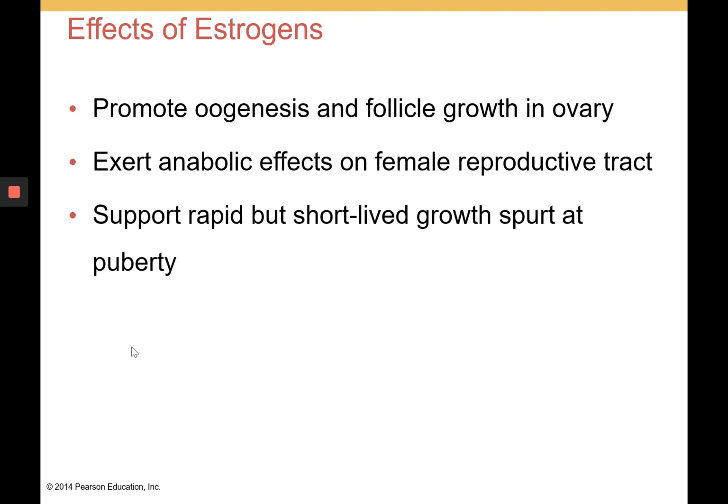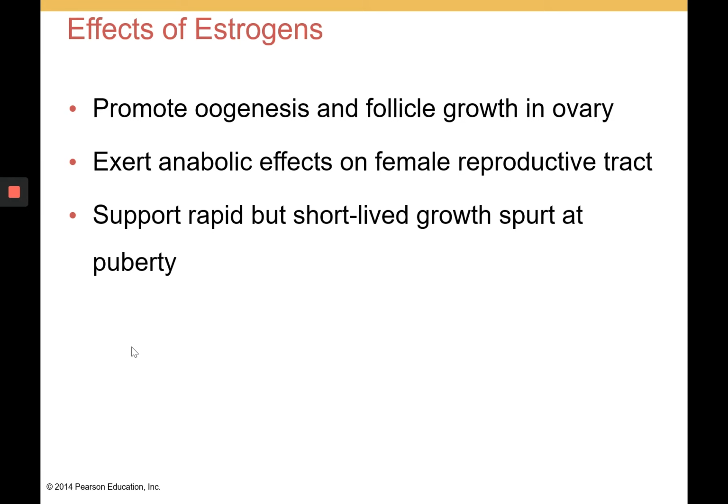All right, the effects of estrogens include the promotion of oogenesis and follicular growth in the ovary. So we've seen that. It helped us create our mature vesicular follicle. So the production of estrogens from granulosa cells aided in the growth of follicular development.